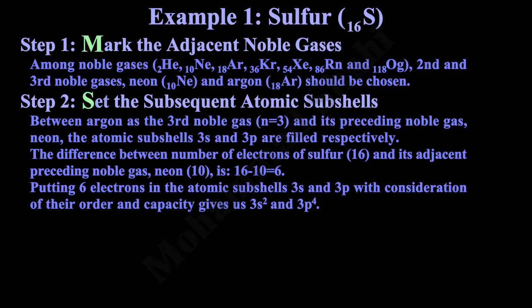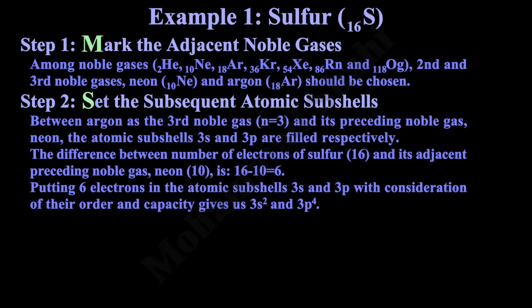Between argon as the third noble gas and its preceder neon, we have the filling of the atomic subshells 3s and 3p, which are supposed to have 6 electrons, in this case equal to atomic number of sulfur minus that of neon.